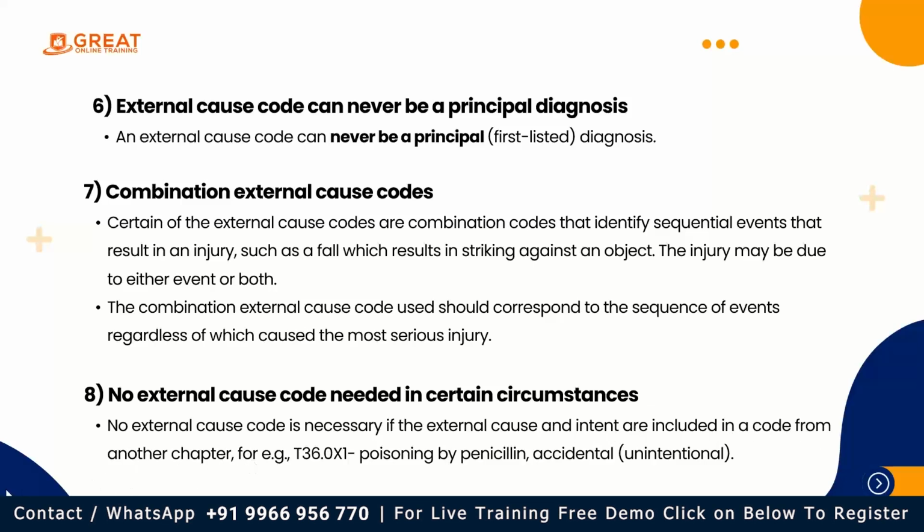Some chapters already include external cause and intent in the code, for example T36.0x1, poisoning by penicillin, and it says intent is accidental, meaning unintentional. So this code already includes the intent, so we don't need to code it separately using an external cause code. Okay, clear?